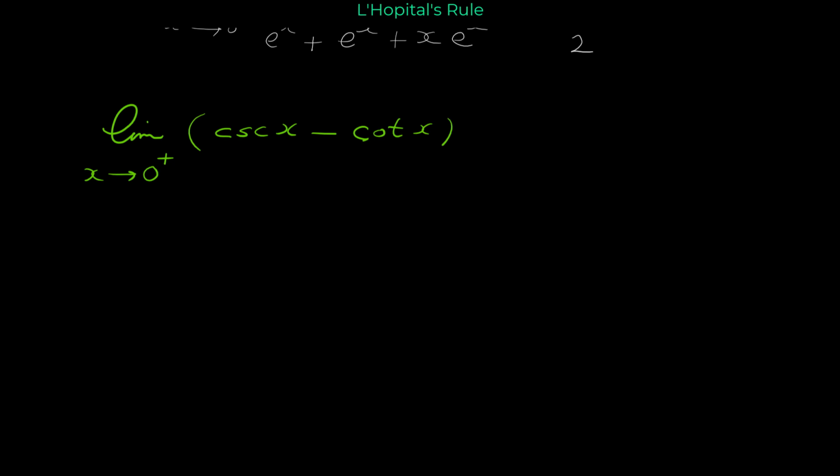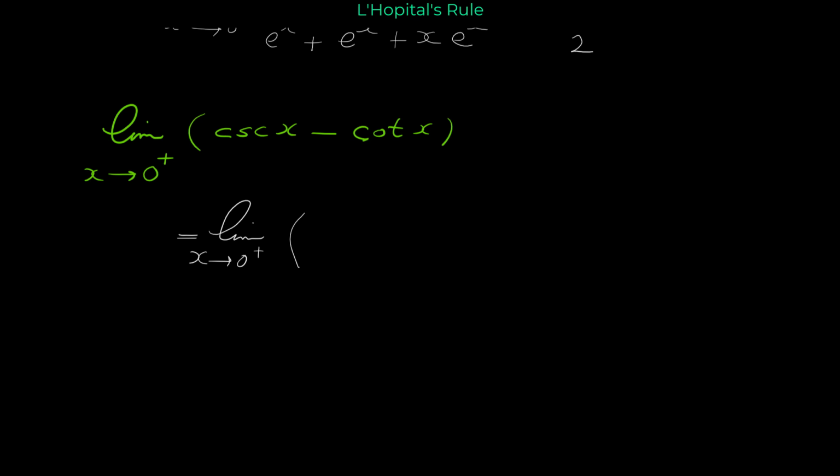For finding this limit, the first thing that we are going to do is to get rid of cosecant and cotangent, because usually we prefer to rewrite these trig ratios in terms of the other trig functions that we are more familiar with.